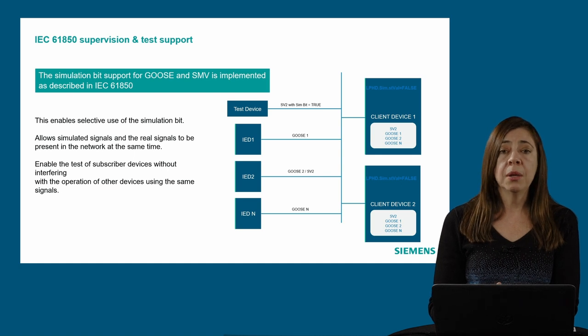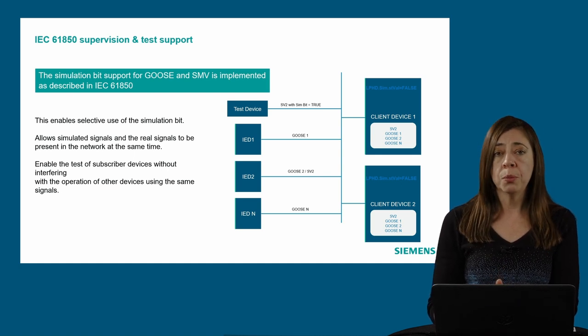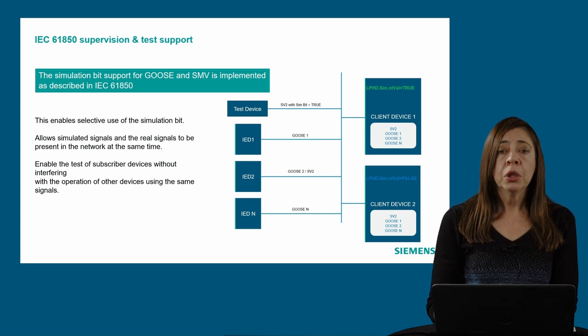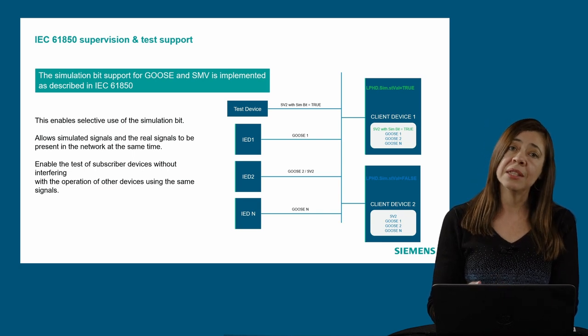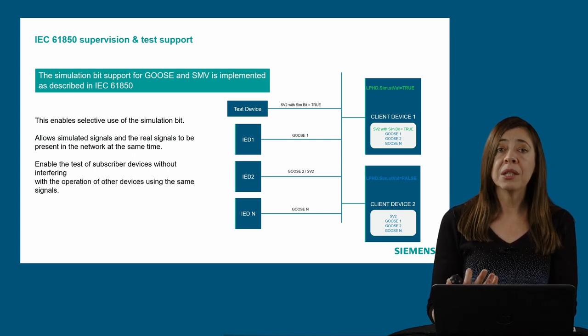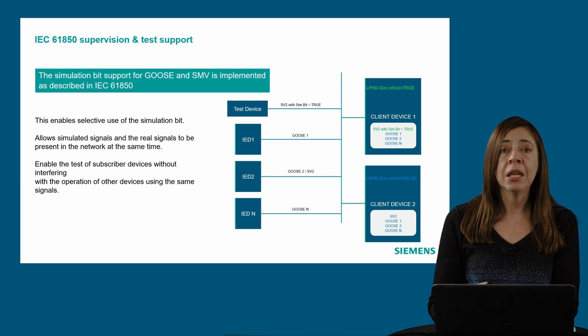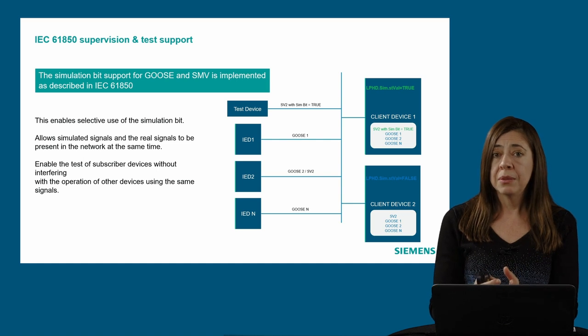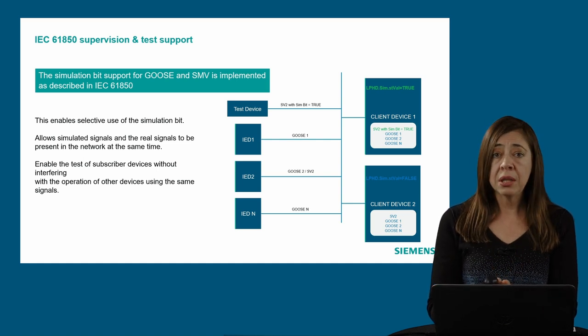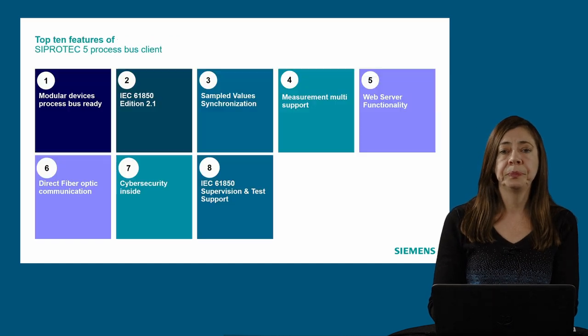When one of them is switched to simulation mode, the first one, the upper one, it starts accepting the simulated value coming from the test device and rejects the operative value coming from the IED 2. The other device is not disturbed, and all the other messages in the same device are also operative, received without any complication.